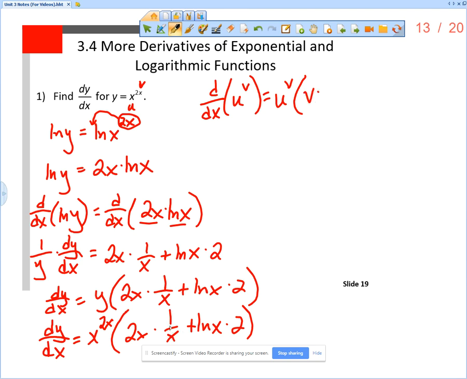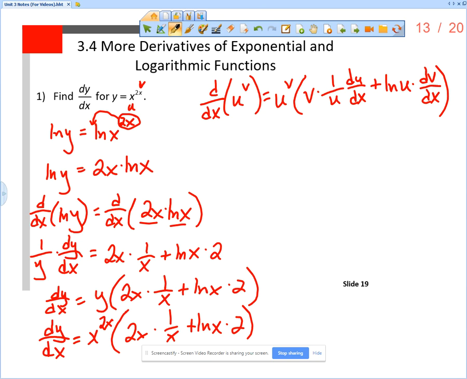Well, it was actually 1 over u, but then we would have multiplied by du dx, right? Don't forget about the chain rule. And then plus the natural log of x, so that would have been the natural log of u times the derivative of v, so dv dx. So this would be the generalization, the rule for the derivative with respect to x of u to the v.